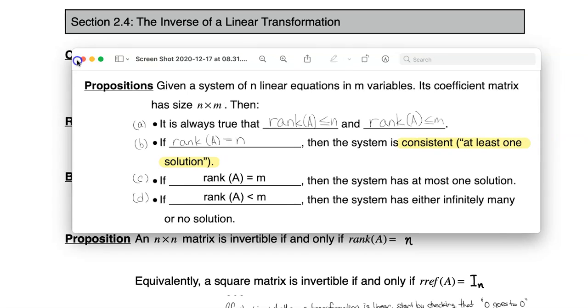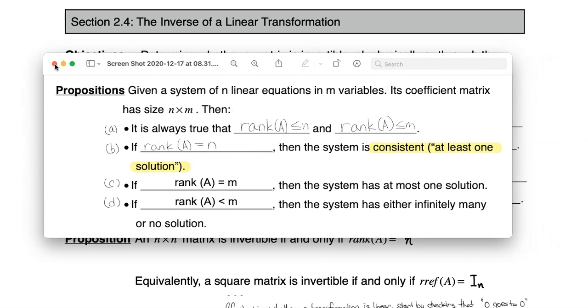It might be worth going back to the propositions in section 1.3 where we saw these arguments B and C in the exercises that we are doing now with invertible matrices. It's always square matrices, so n is equal to m. So we want the system to be consistent and to have at most one solution in order to have one unique solution.